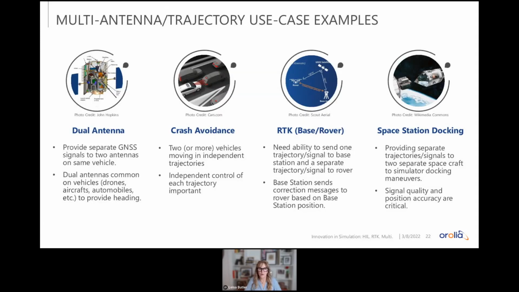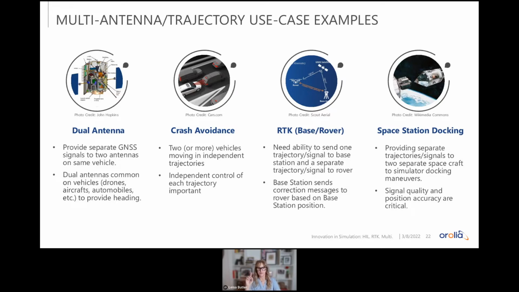But when we're talking about multi-antenna or multiple trajectory, here's just a couple examples. There could be more use cases than this, but the first one is dual antenna. So you have a device that has a receiver with 2 antennas.